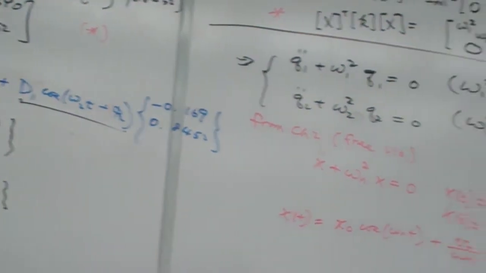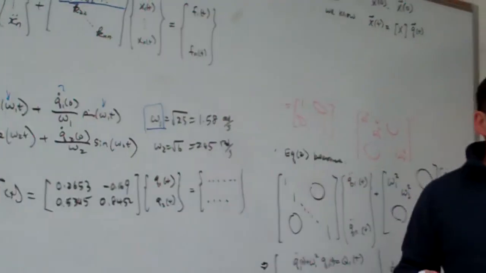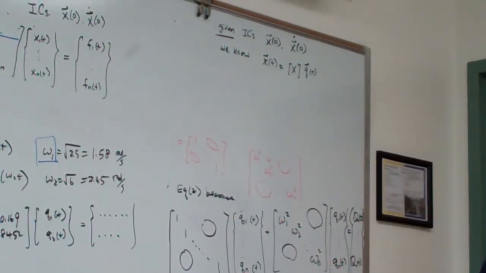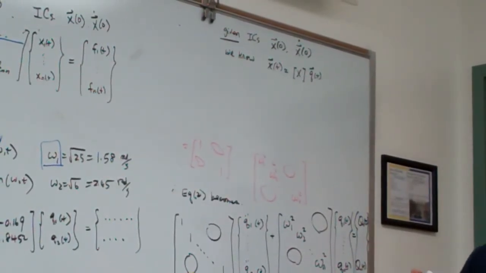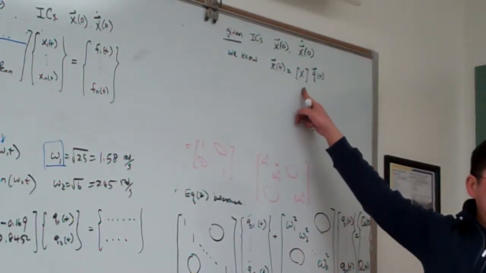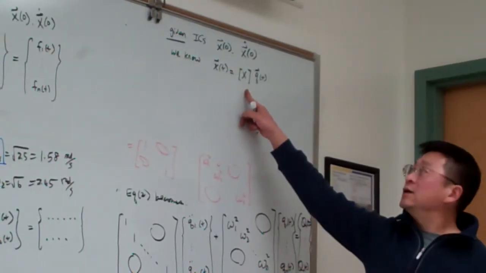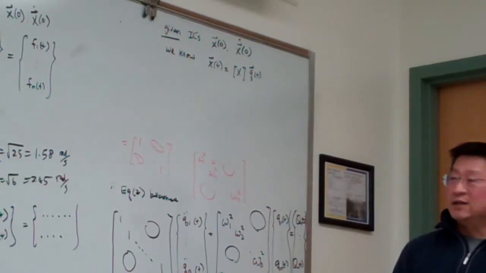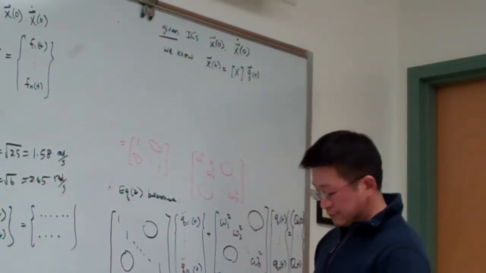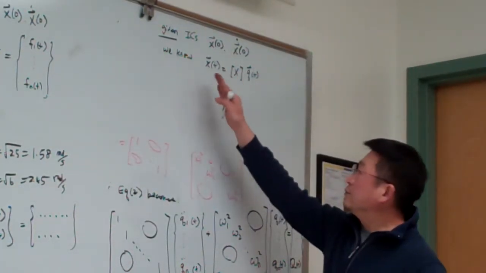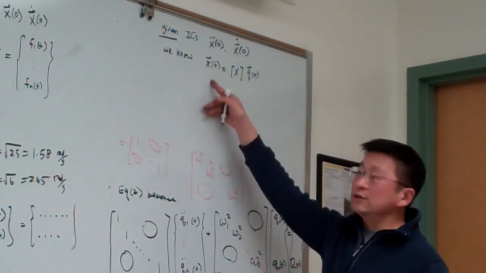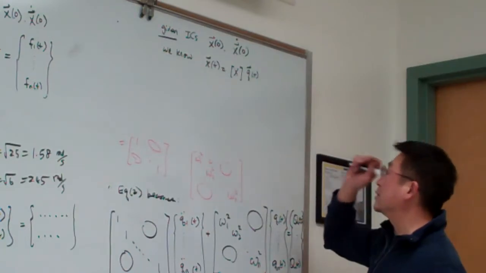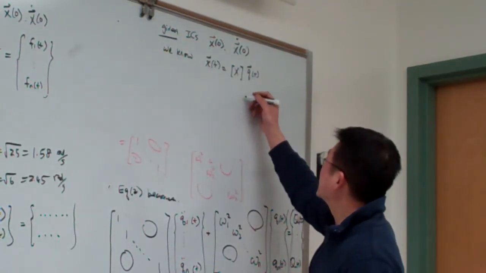Okay, and I want to again manipulate the information based upon the orthogonality properties. I want those properties to appear in my calculation in a way that I can convert information between X and Q. So see what I did. I pre-multiply this equation with something, and hopefully orthogonality properties will appear.